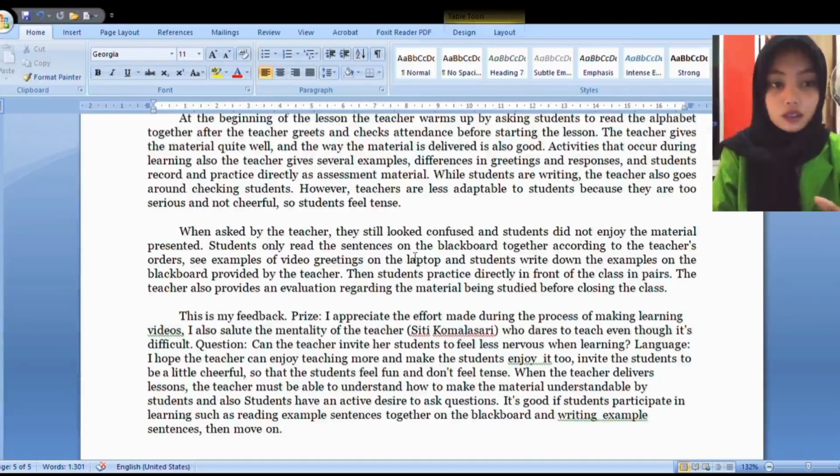Students only read the sentences on the blackboard together according to the teacher's orders. They see an example video of greetings on the laptop, and students write down the example on the blackboard provided by the teacher. Then students practice writing in front of the class in pairs. The teacher also provides an evaluation regarding the material being studied before closing the class.